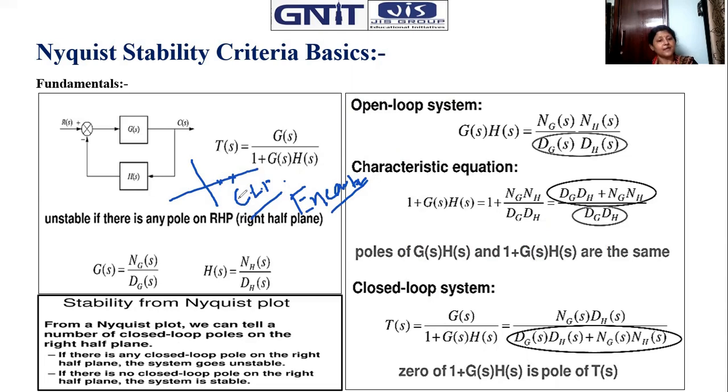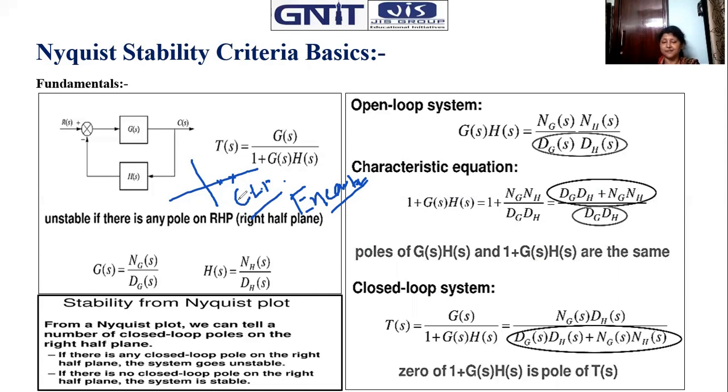So what is the pole position? s equals minus 3 by 2, right? The pole position has changed, and now s equals minus 3 by 2. So it is called the closed loop pole. If you set it to 0, that is the characteristics equation, and the root of the characteristics equation is minus 3 by 2.